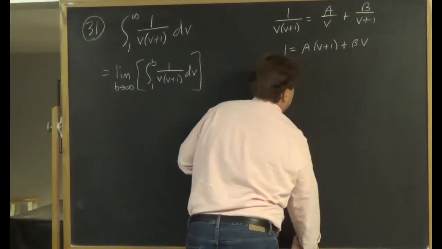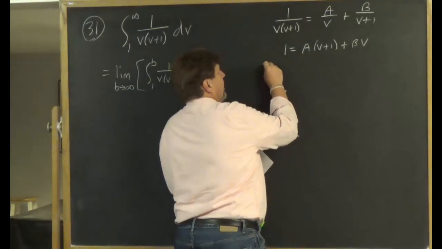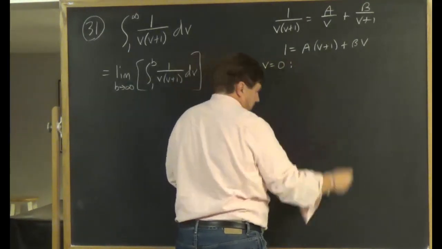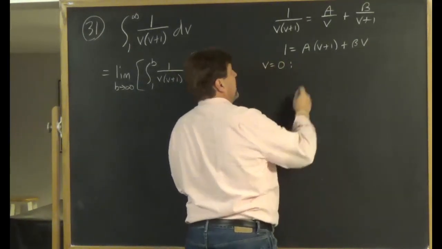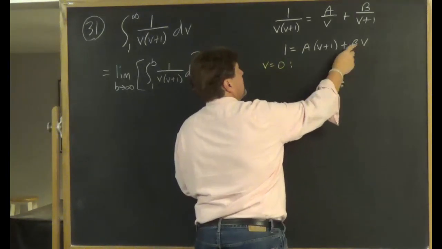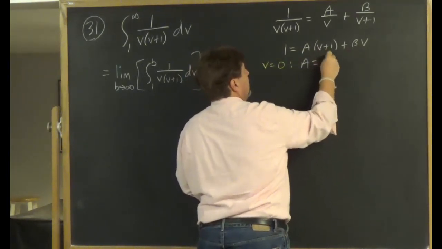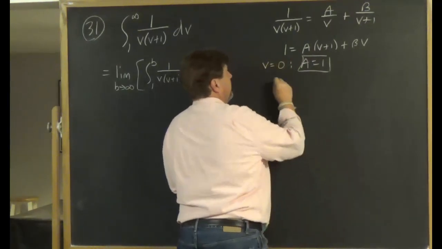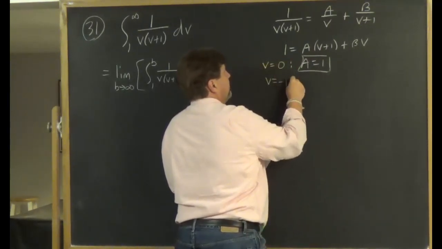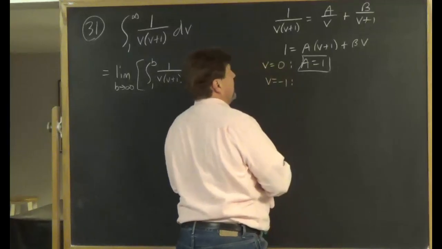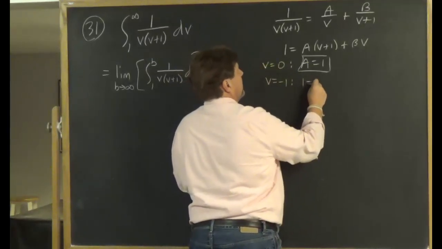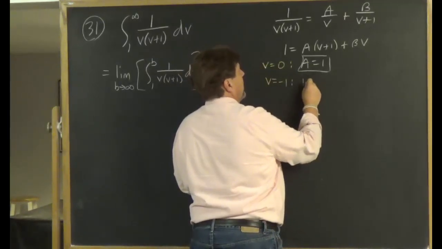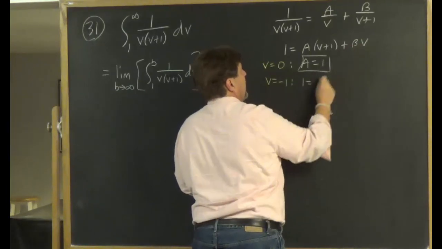Pick convenient values for v, so I would let v equal 0 and immediately get, let's see, A is equal to 1. And v equals negative 1. And I immediately get what, 1 equals negative B.